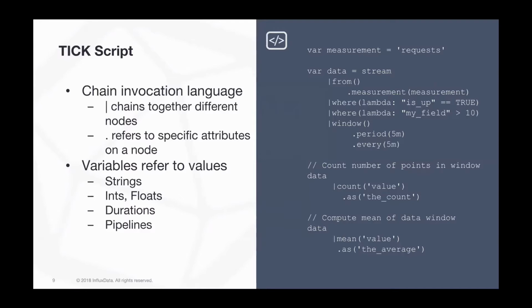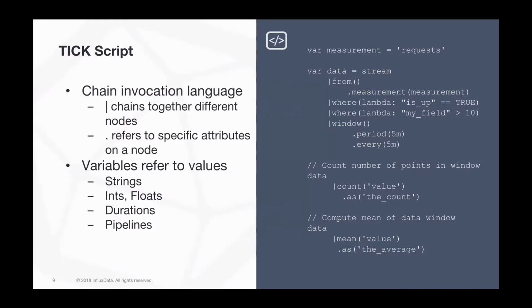The second point here is that variables refer to values: strings, integers, floats, durations, and pipelines. One thing to remember is a script has a flat scope. Then we have different methods. A property method modifies the internal properties of a node and returns a reference to the same node.